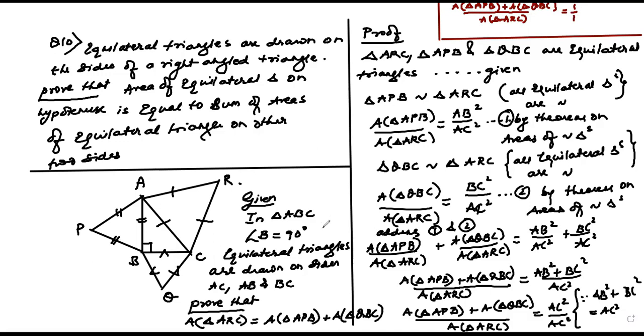Your AC gets cancelled. So ultimately I get my answer. Therefore, area of triangle APB plus area of triangle QBC is equal to area of triangle ARC, sorry.